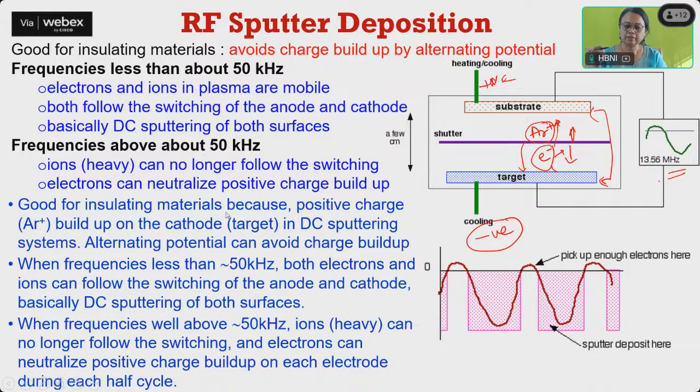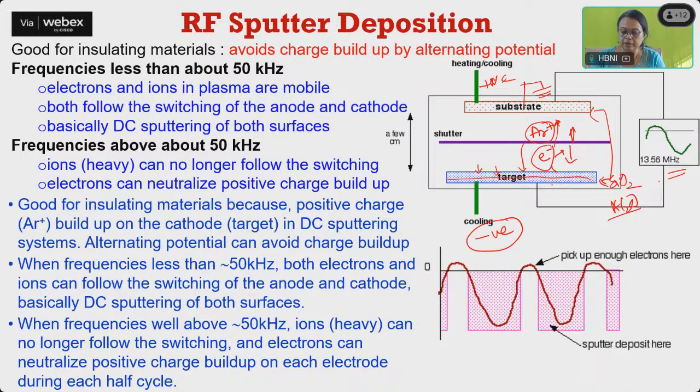Another way of taking care of it is to just ground it, so electrons can go away, but that is not there, so it is good for insulating material. If the target is an insulating material like SiO2 or Al2O3, then whatever argon is coming here stays here after the bombardment.